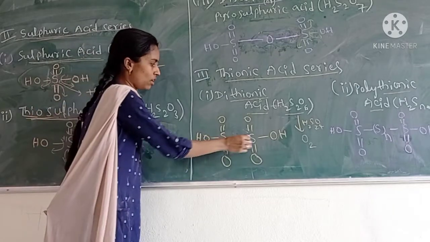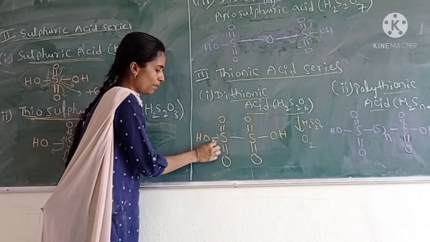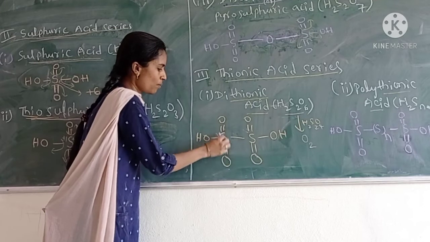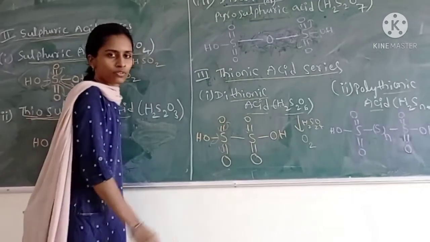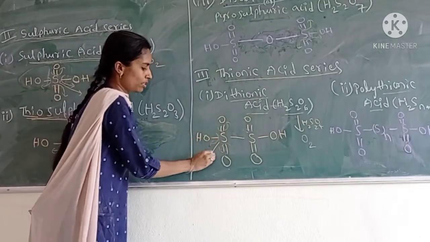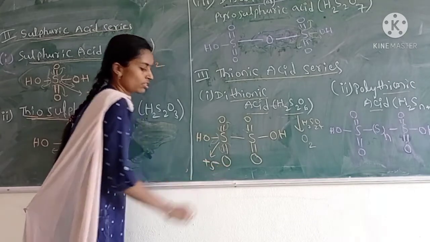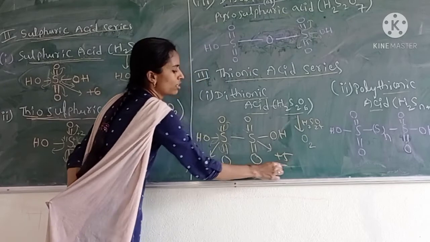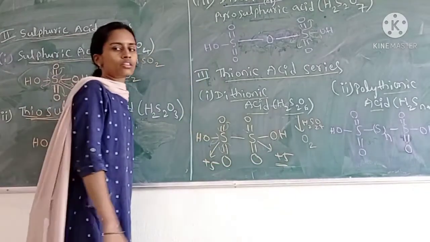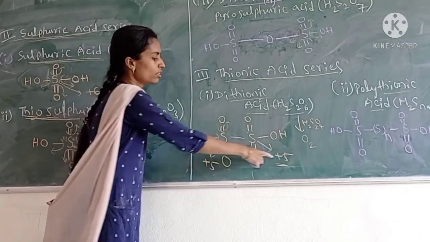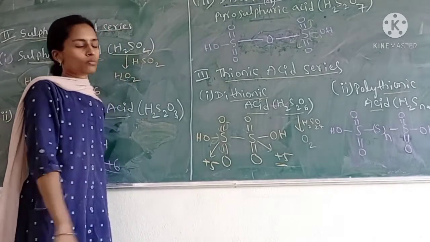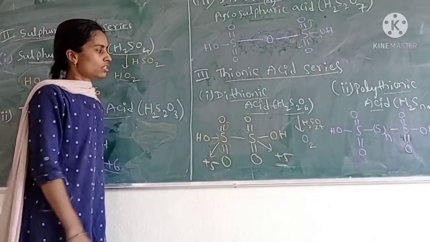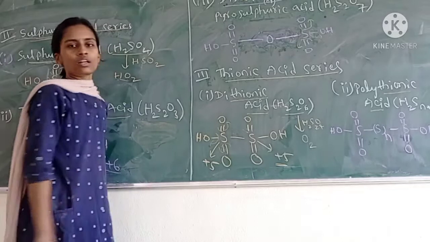So this sulfur is, here +1, +2 and +2, so this sulfur is in +5 oxidation state. This one is also the same, +5 oxidation state. If they ask the average oxidation state, it is also 10/2, meaning +5 oxidation state. So this is dithionic acid.